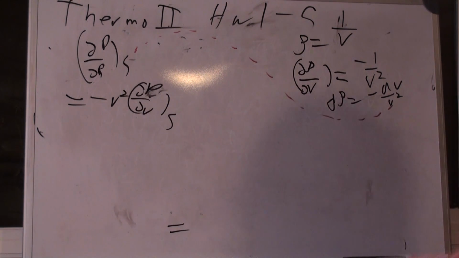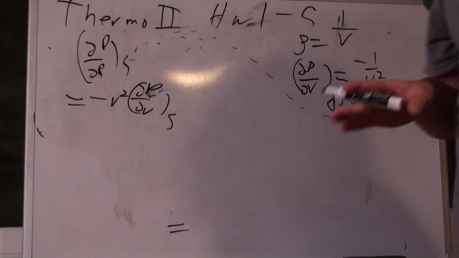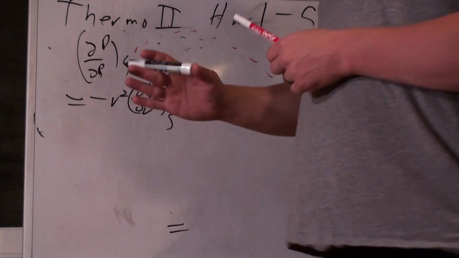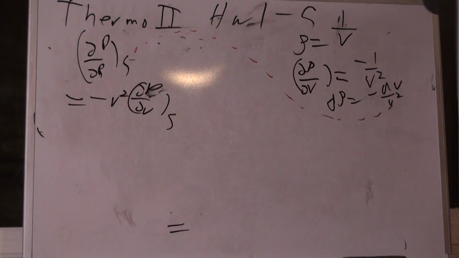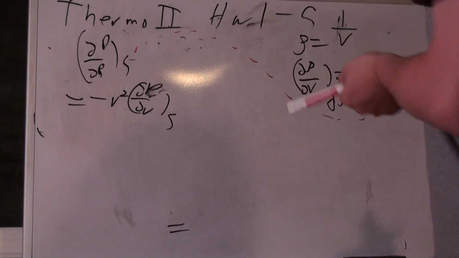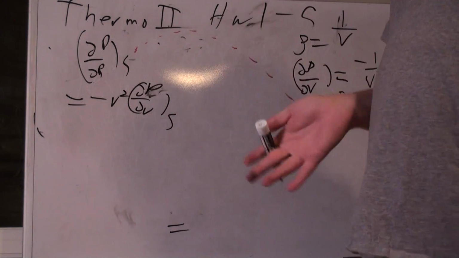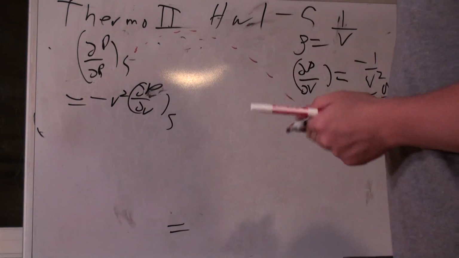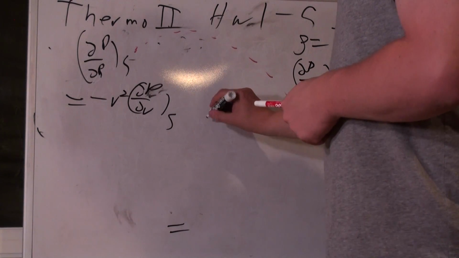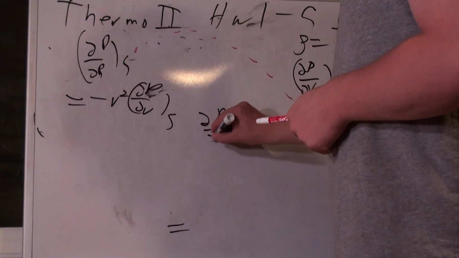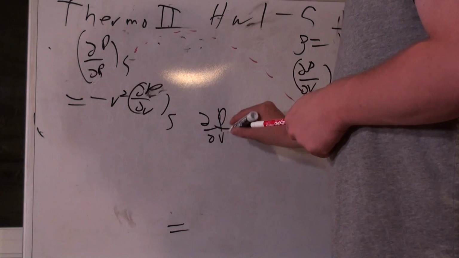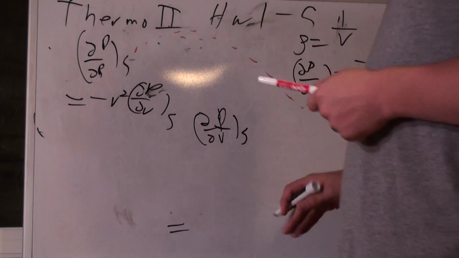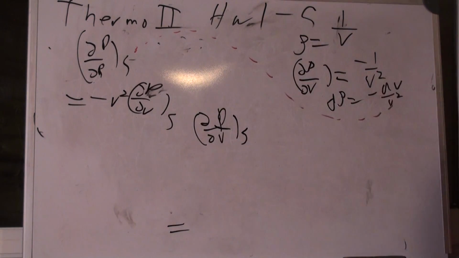Now, remember how I like to set up a cyclic rule? Yes, you can use the one on the cheat sheet, but I don't like that. I get confused about what's on top and what's on bottom because I'm kind of dyslexic when it comes to numbers. So what I like to do is dp dv at constant s. I'm trying to get this one in a constants place. Whenever I'm trying to get an HTC in the constants place, I want the HTC to be where?